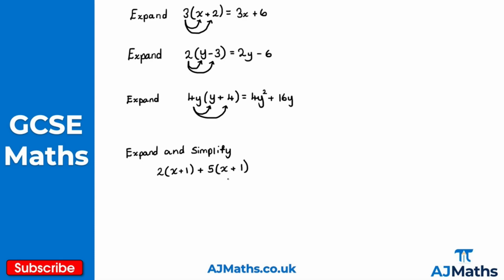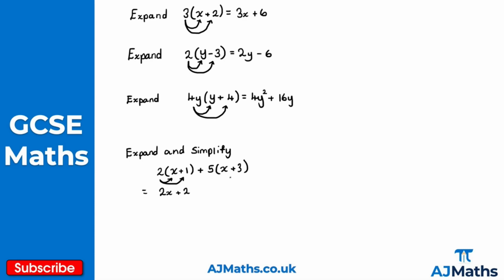In fact, let me just change that inside the bracket just so that the brackets are slightly different. Let's say that's plus 3 there. What we're going to do here is just start with this bracket on the left. So if we expand this one to begin with, taking the 2, times it by the x here, we get 2x. Taking the 2 and timesing it by the positive 1, we get plus 2.